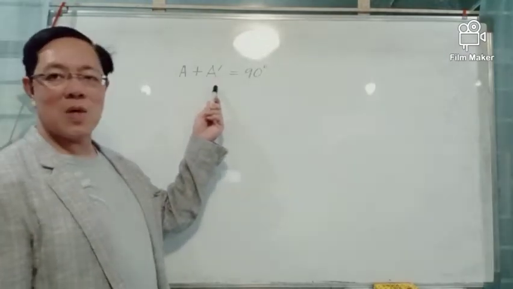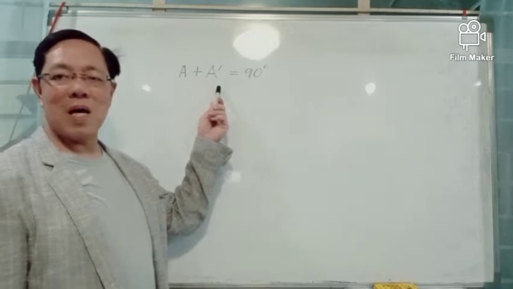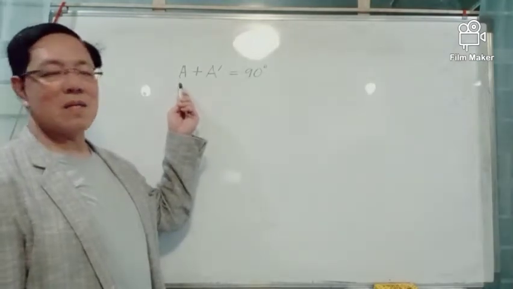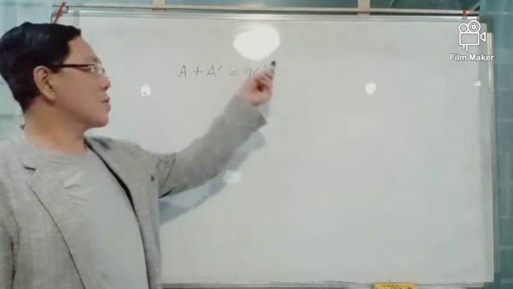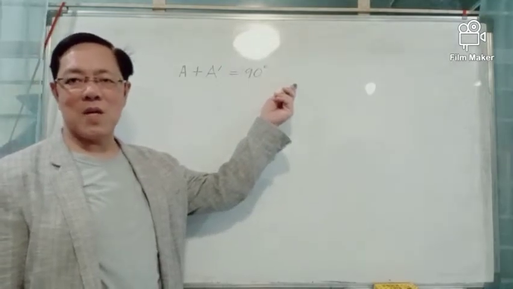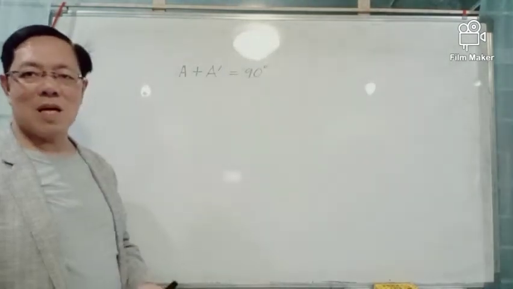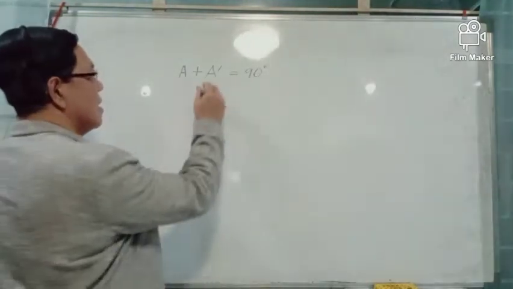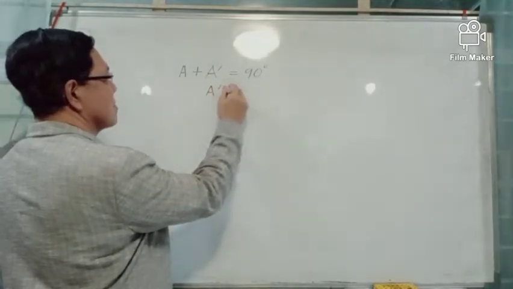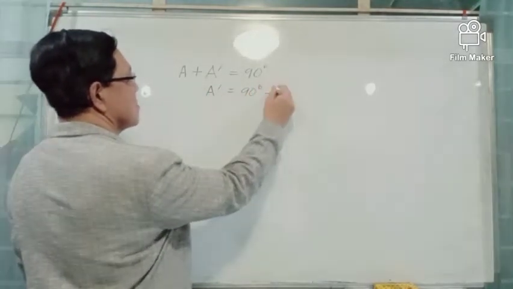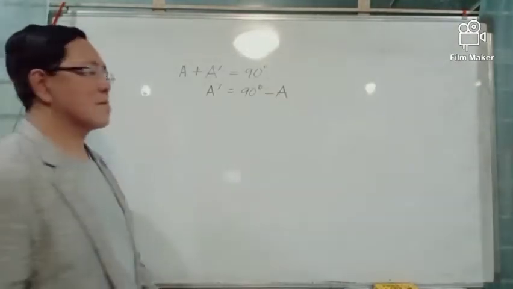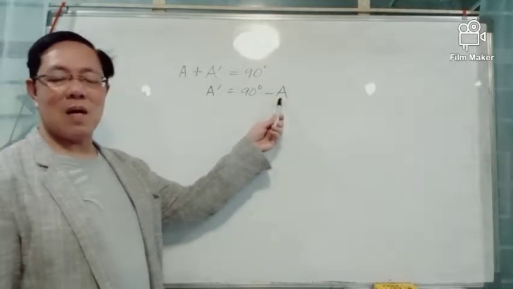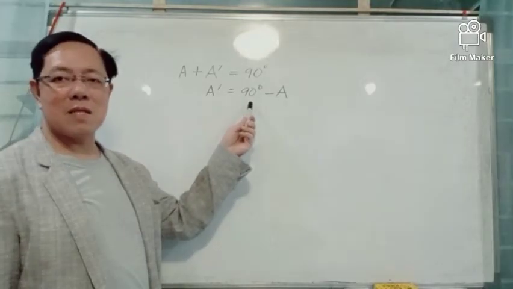And from this equation, we can solve for the value of A prime, the complement of A. If angle A is given, transpose A to the right-hand side of the equation. So we take the opposite sign of positive A and it becomes minus A. And we get A prime equals 90 degrees minus A. Hence, to get the complement of an angle A, simply subtract the angle A from 90 degrees.